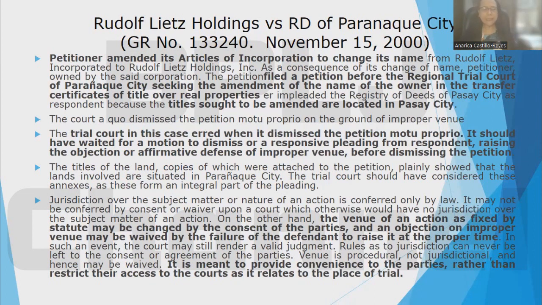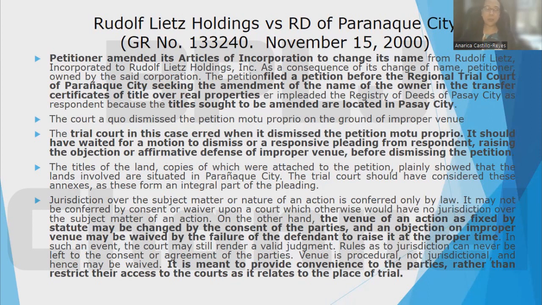In this case, the petitioner Rudolph amended its articles of incorporation to change its name. The petition was filed before the RTC of Parañaque, seeking the amendment of the name of the owner in the transfer certificates of title over the real properties located in Pasay City.